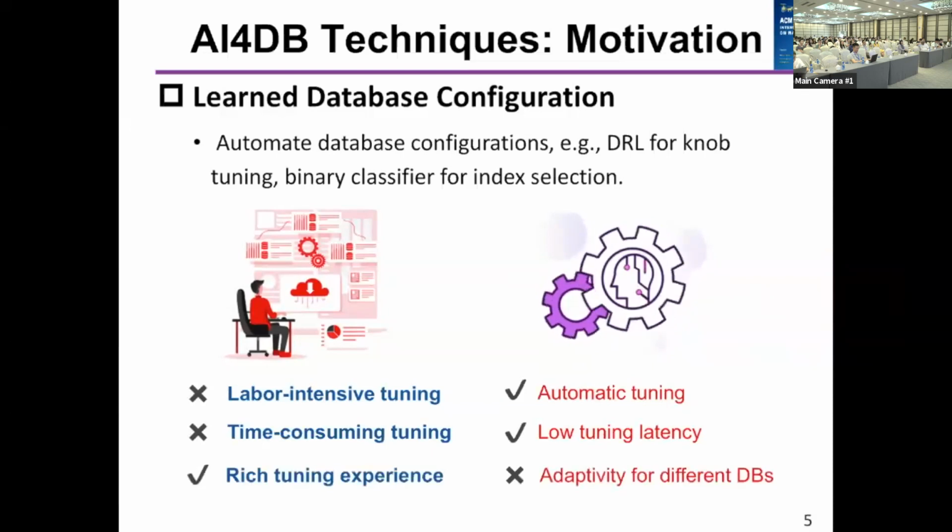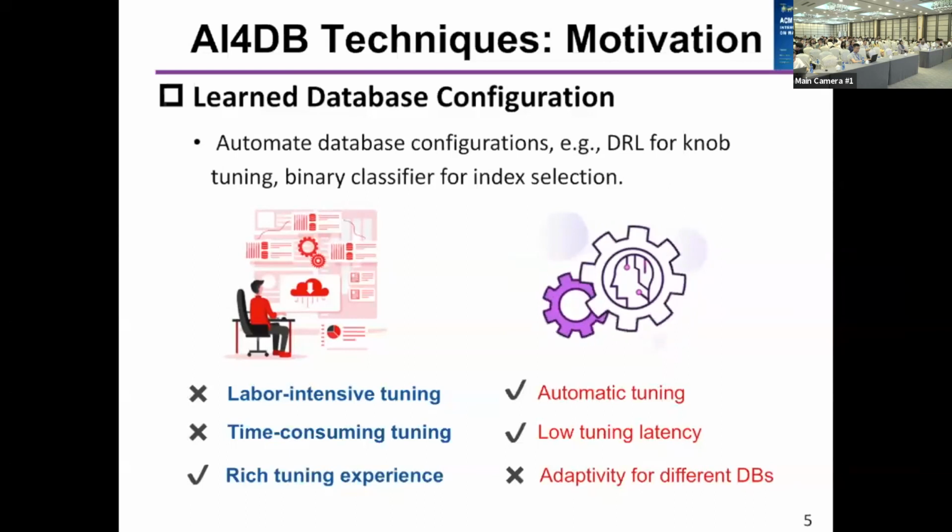Another point I want to mention is that the database administrator, the DBA, can usually transfer knowledge to other database instances. But for learning-based techniques, this is much harder than for humans.